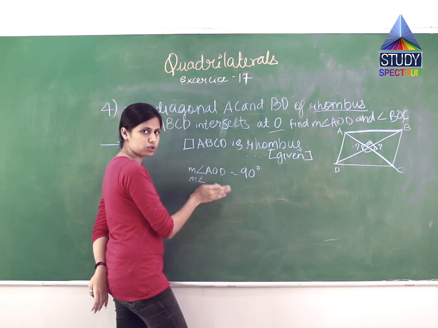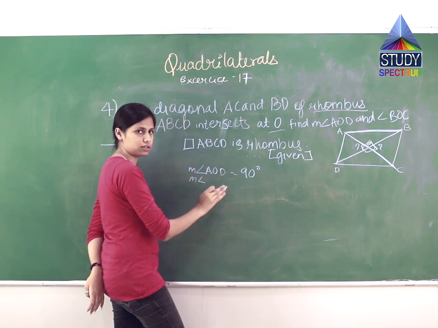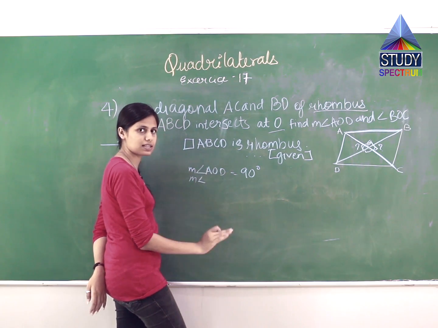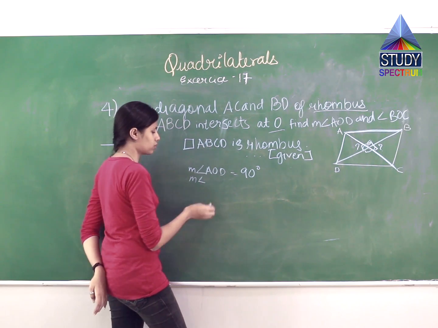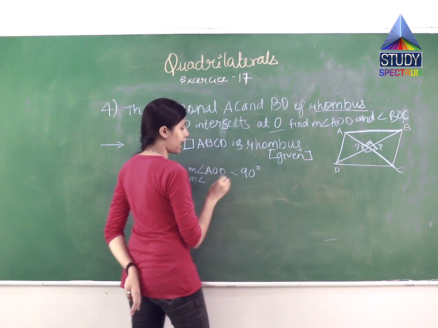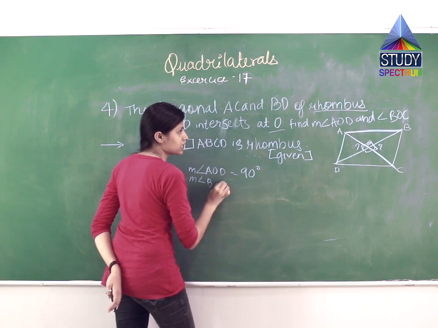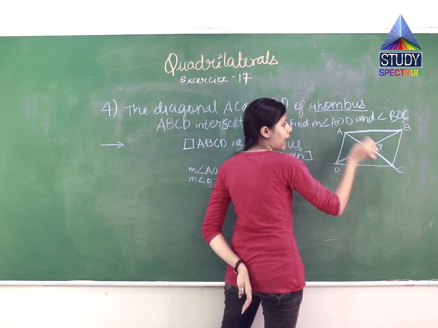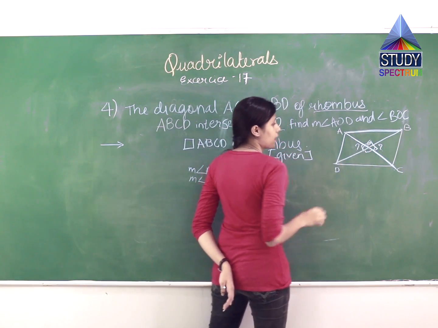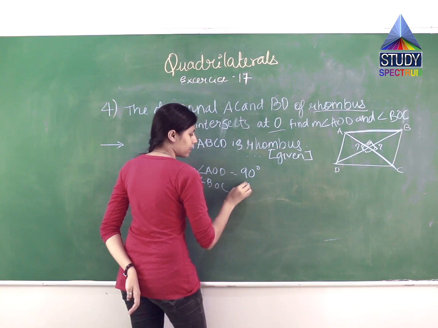As the measure of both the angles is the same and the reason is the same, you can write it together only. So angle BOC and angle AOD is equal to 90 degrees.